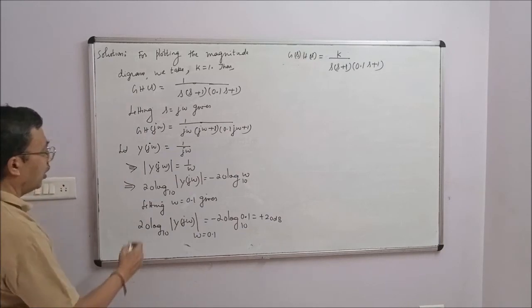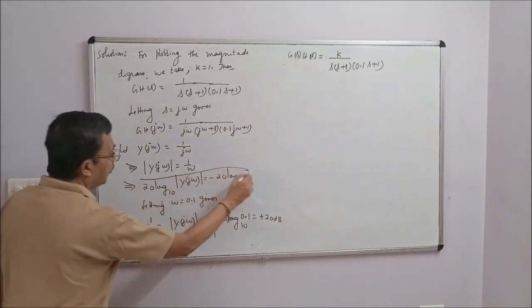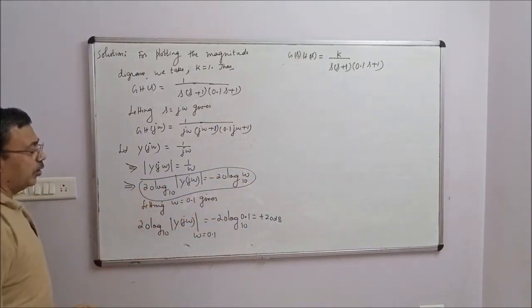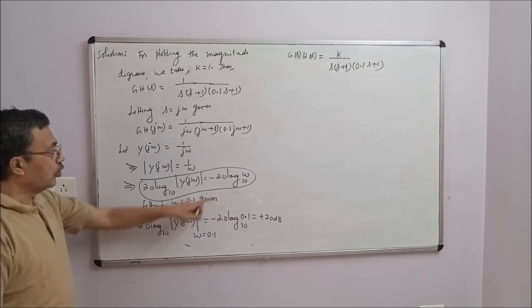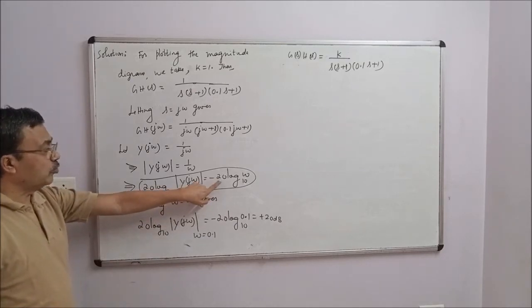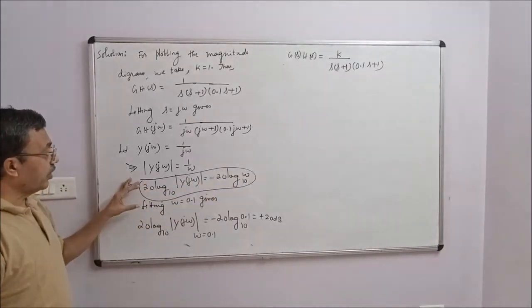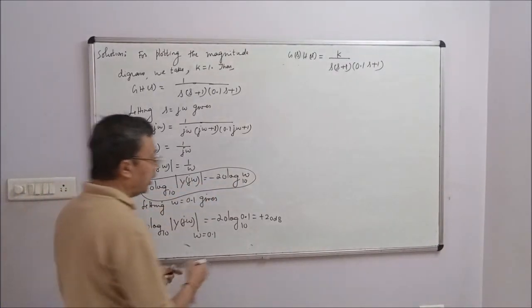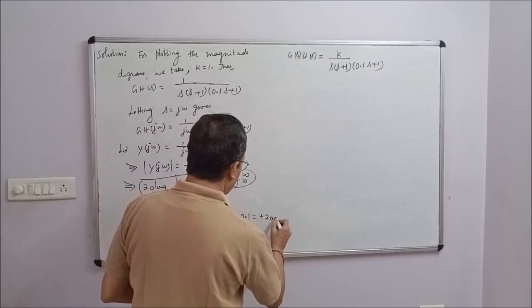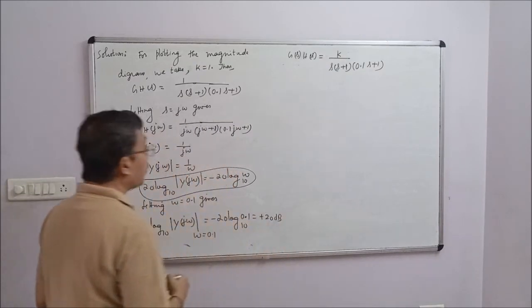So what is important is this expression is the equation of a straight line whose slope is minus 20 decibels per decade. Coefficient of log omega is the slope. And this straight line has a magnitude plus 20 dB at omega equal to 0.1.